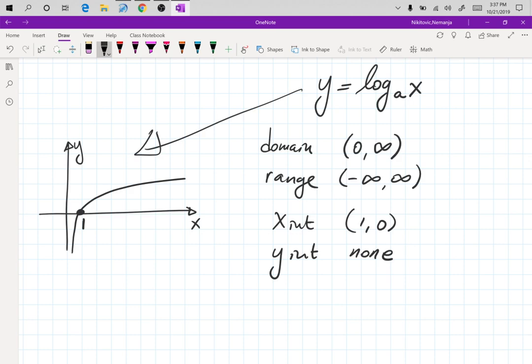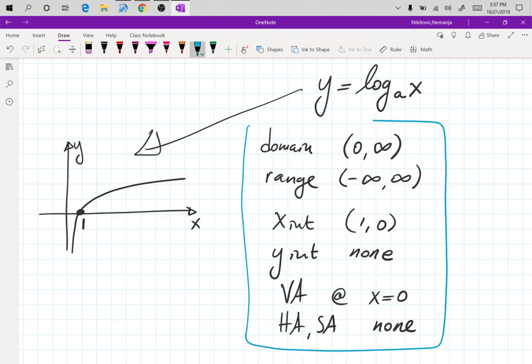We do have a vertical asymptote at x equals 0, which is the y-axis. And then horizontal asymptote, slant asymptote is none. We don't have any of those. So these are the basic specs of the logarithmic function. And all of this obviously is in your precalculus course.